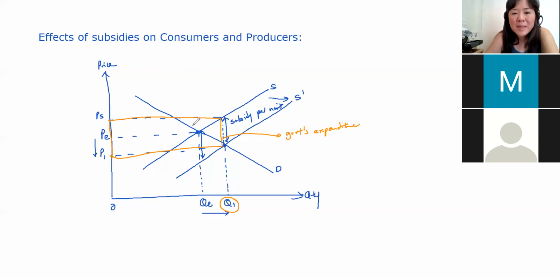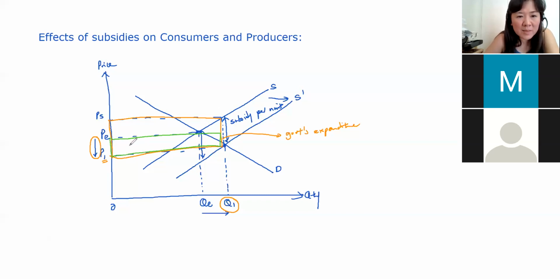Ultimately Q1 is what is being transacted in the market, and the consumers actually pay a lower price now, P1. So out of this much subsidy that is paid or incurred by the government, this much goes to the consumers, which is reflected in a lower price.